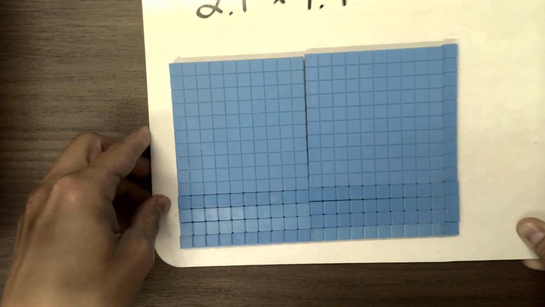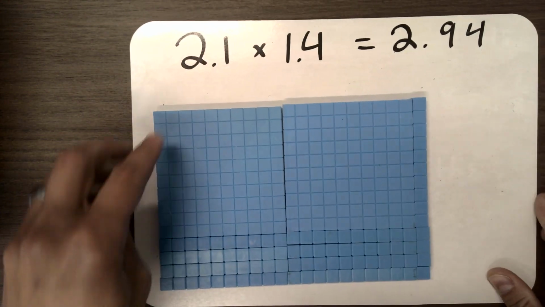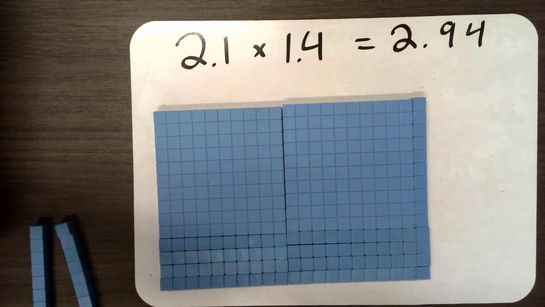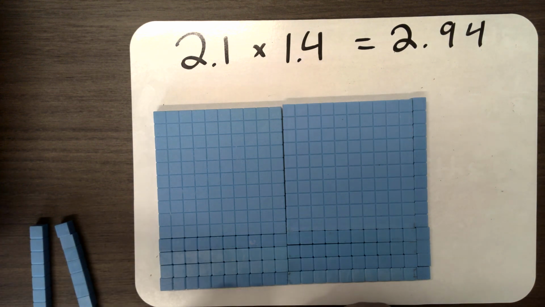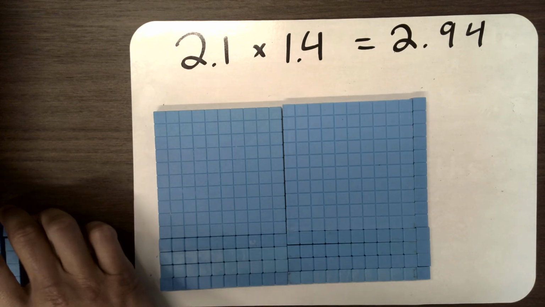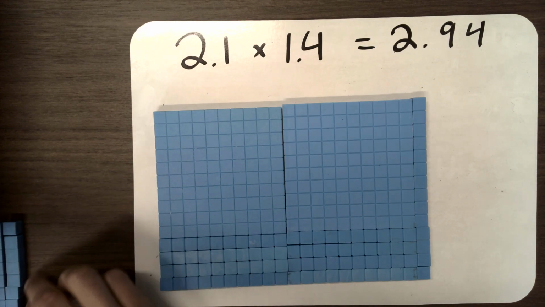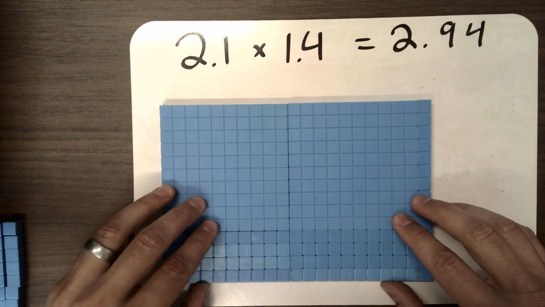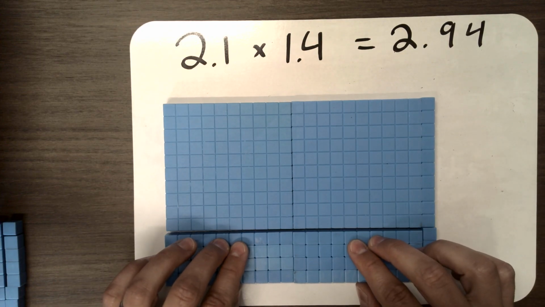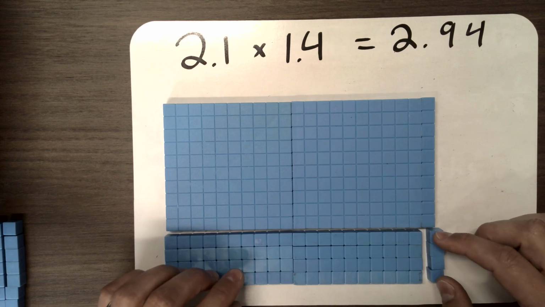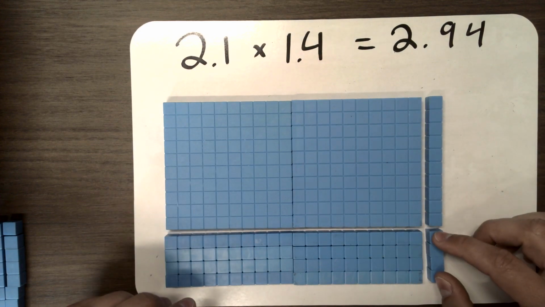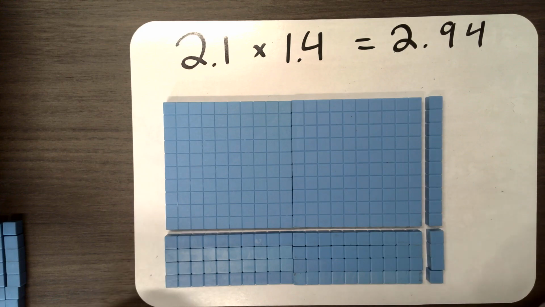For this next one, we have whole numbers and decimal points, and we're going to show this using an area model. I'm going to separate these quantities just a little bit so we can see these breakpoints better.